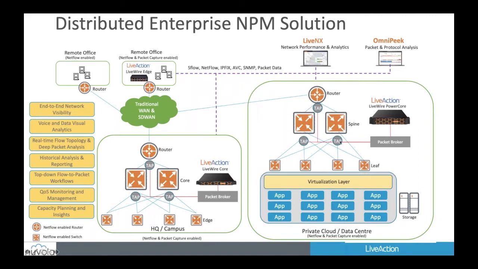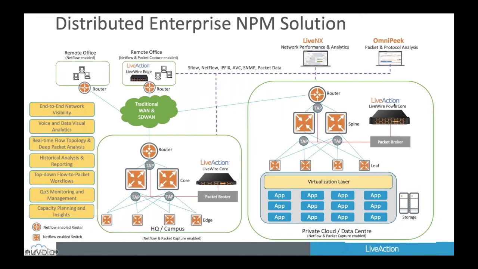And this would be set up to do packet captures from, in this example here, we're using packet brokers and taps, but you could use fan ports as well. There's different types of technologies you can use to copy the data to these guys. And then these guys can then be remotely managed and controlled using Omnipeek up here.